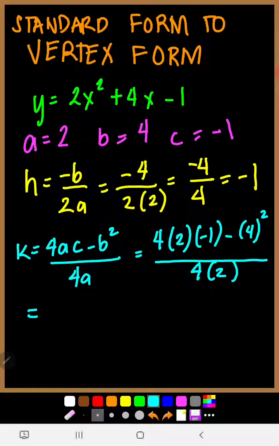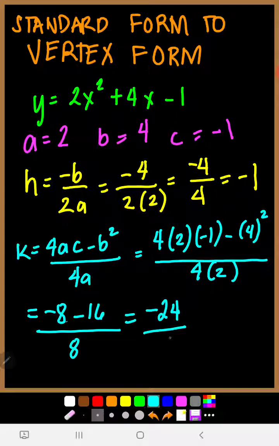So, 4 times 2, I'm sorry. 4 times 2 times negative 1 is negative 8 pala. Sorry. So, negative 8 minus 16 is negative 24 divided by 8. That is equals to negative 3. So, our k is equals to negative 3.